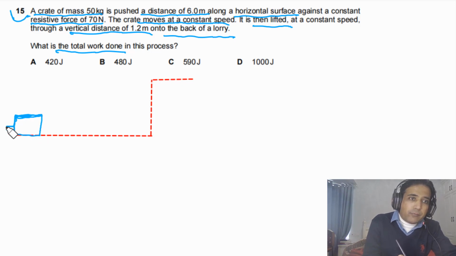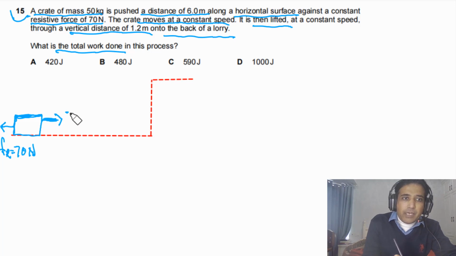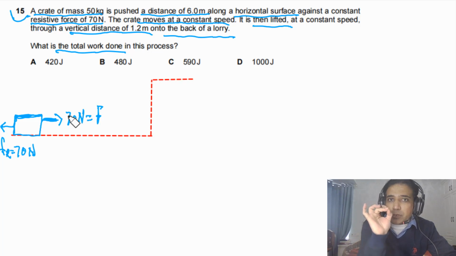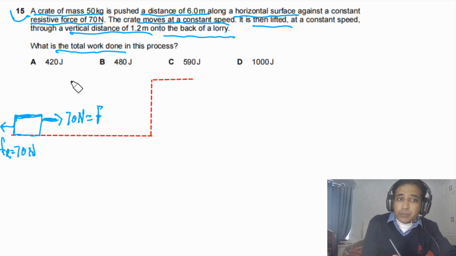The resistive force is given, Fr equals 70 newtons, so the applied force has to be equal to 70 newtons as well. As speed is constant, the work done by the applied force is equal to the work done by friction, so the net work done on the block is 0.